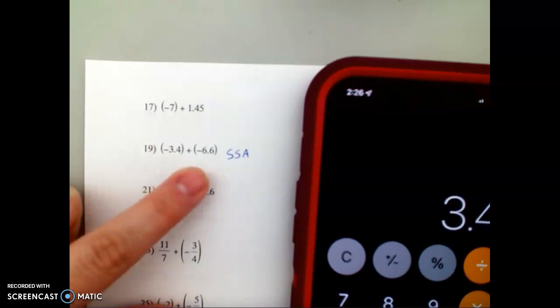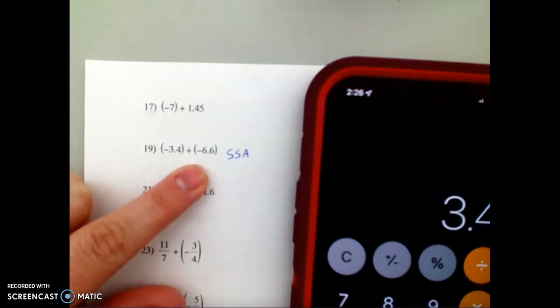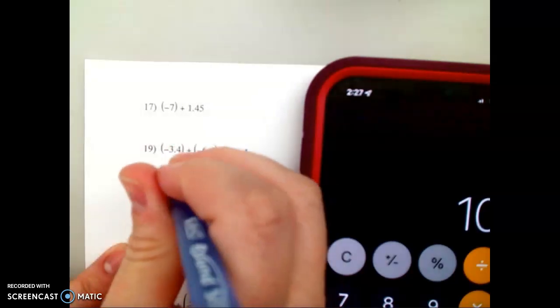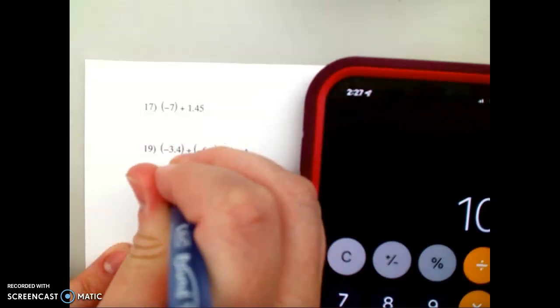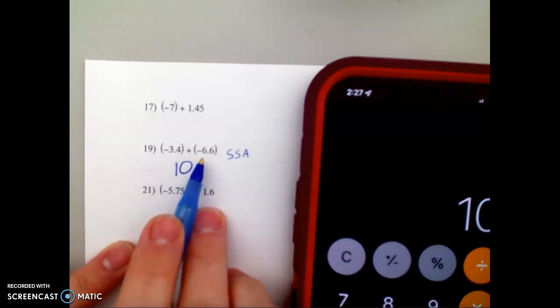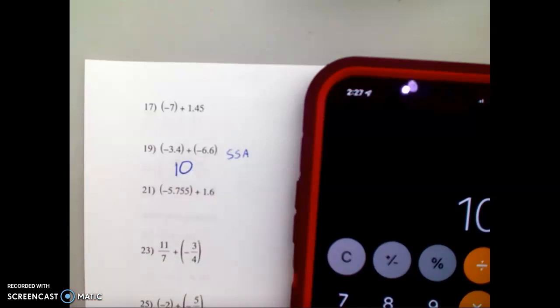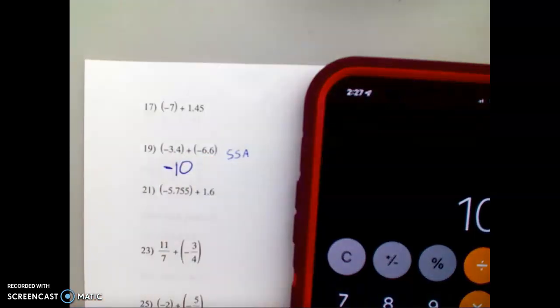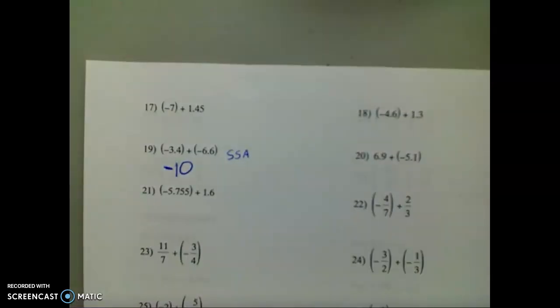Notice I'm not doing anything with the negatives. I'm going to do that later. I added them together, and I got 10. Now, according to same signs add, when I add negative numbers, that means we're getting more negative. So my answer should be negative. Keep the sign. Voila.